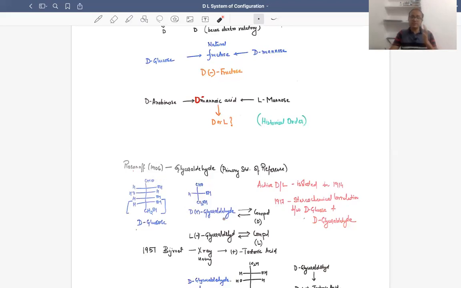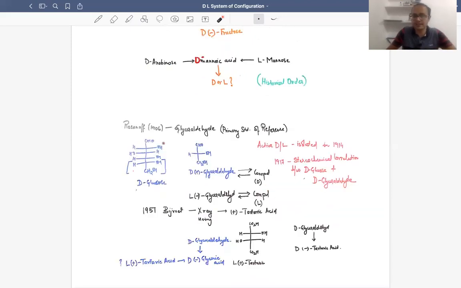So now what was the basis of the D and L configuration? Initially, it was on the basis of the aldose being dextrorotatory or levorotatory; we decided it is D or L. Now, Rosanoff suggested that let's have glyceraldehyde as the standard. So according to his definition of D and L, if you're able to make a compound from D-glyceraldehyde, or if you're able to synthesize D-glyceraldehyde from this compound, then that compound would be given a D configuration.